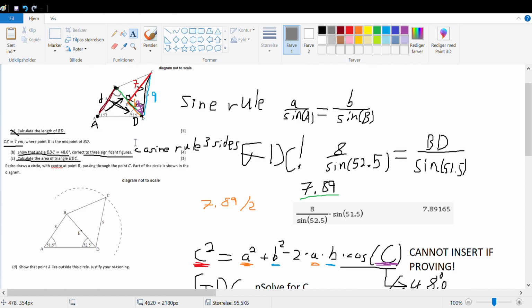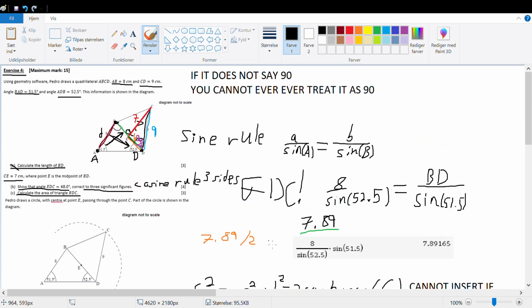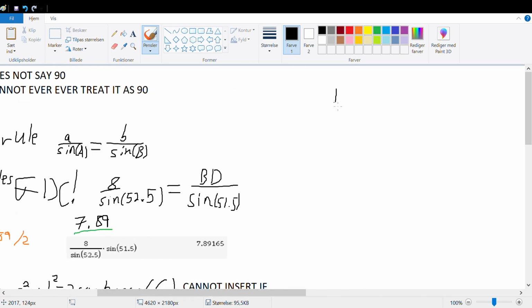Then we can use the sine angle rule, which I will write down somewhere to the right. I'll write down that it's 1/2 AB times sine C. I hope you guys remember this formula, but it is in the formula booklet if you don't.